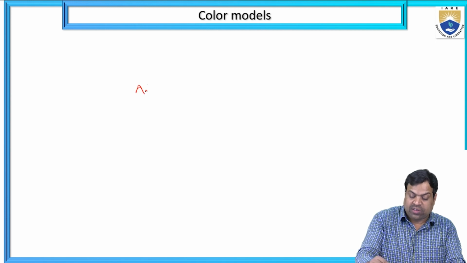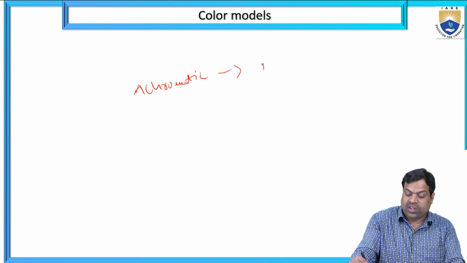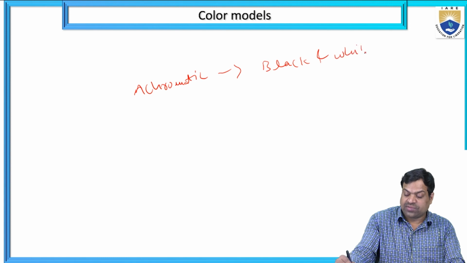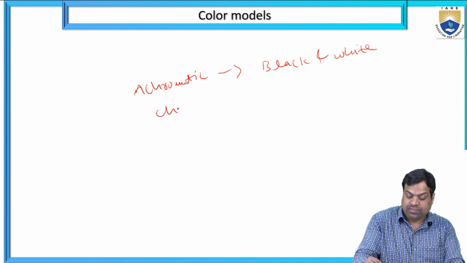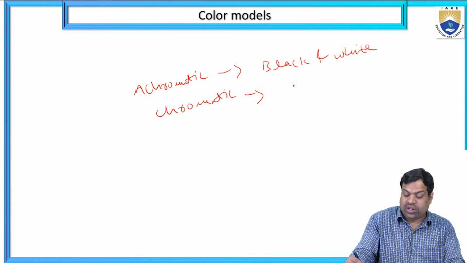Here achromatic means black and white. Here chromatic means red, green, blue, the 700 to 400 range.